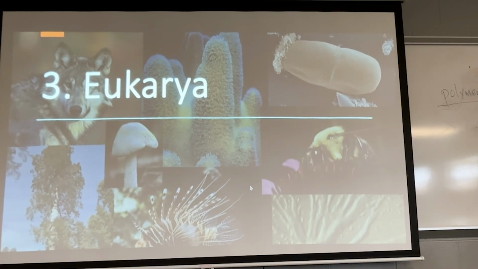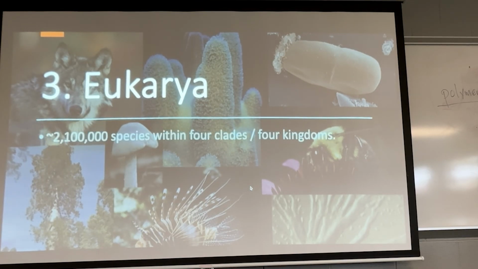These are the organisms you're probably most familiar with, right? We're going to move into the animals and start talking about animals as we go through our taxonomic review, if you will, of eukaryotes. So we have described somewhere around 2,100,000, give or take 50,000, eukaryotes.